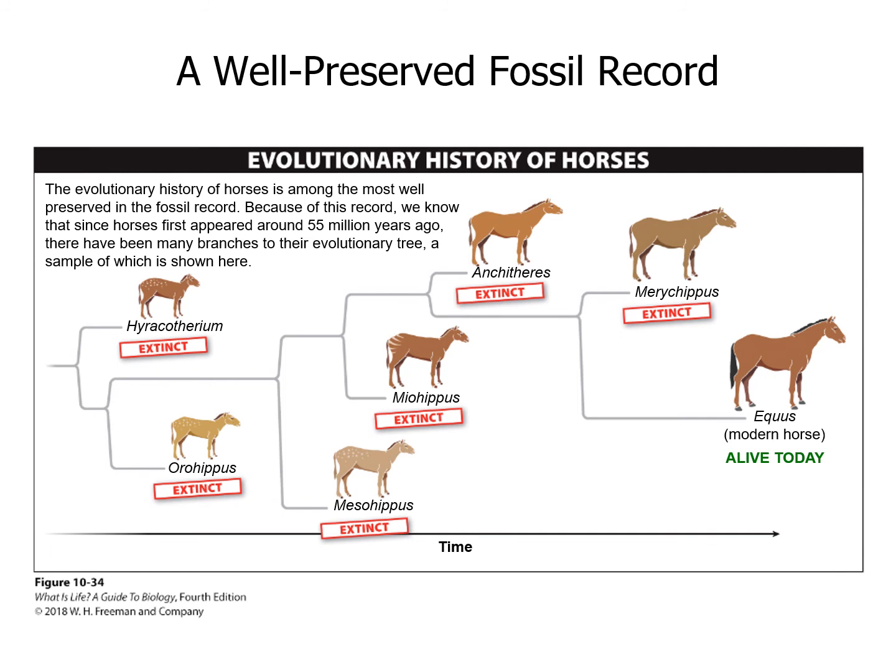And you can see from their ancestor, Hyracotherium, that it's taken a few individuals to get to the horse that we have today, and quite a few of these intermediate stages of these equids are now extinct.